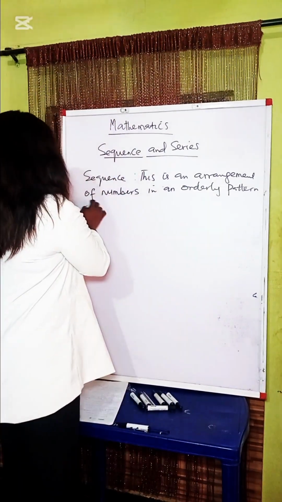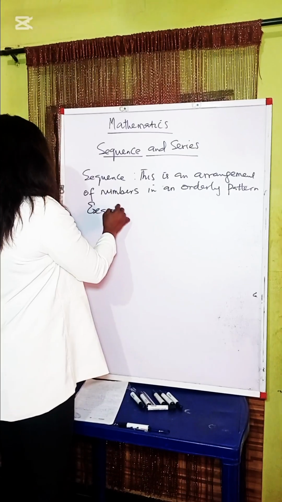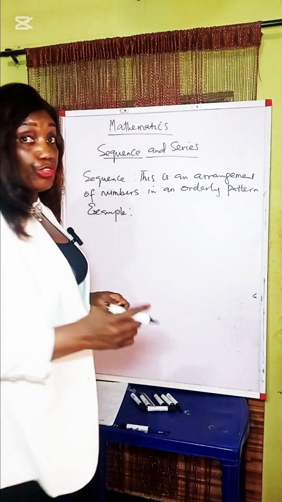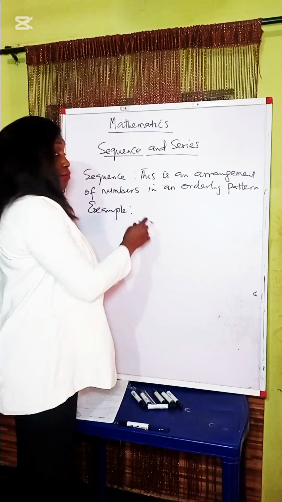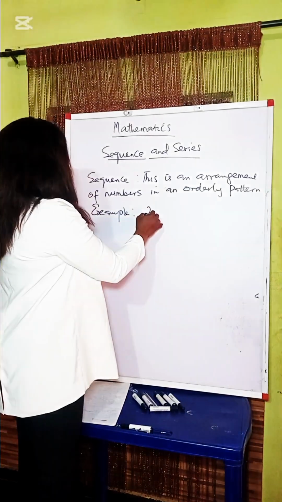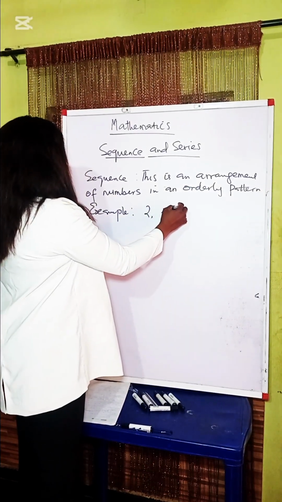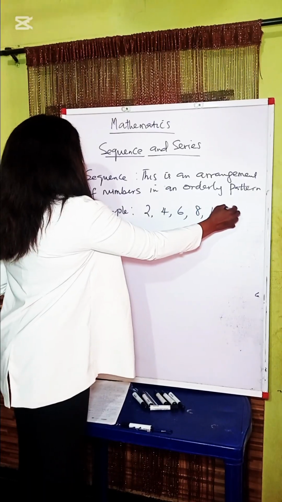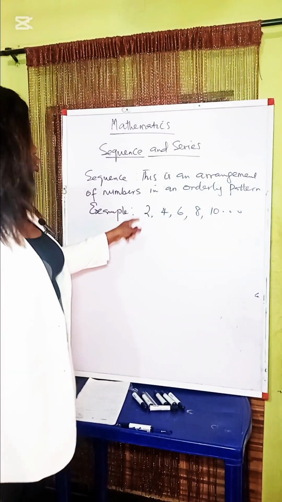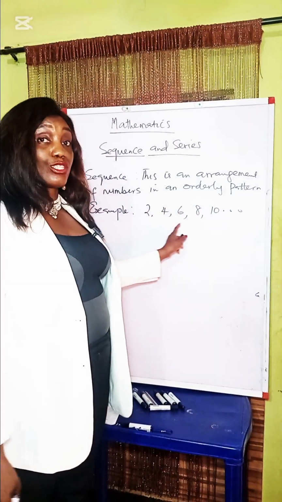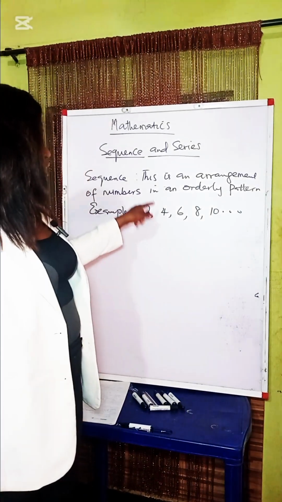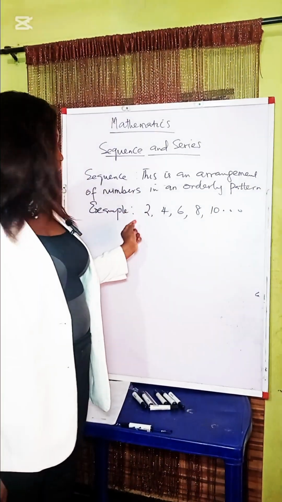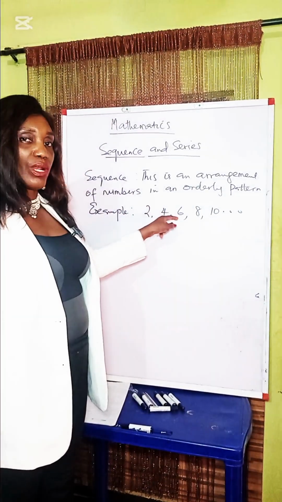Example, it could be in a unique way. I'm going to take 2, 4, 6, 8, 10, and so on. If you look at these numbers, you see that they have a unique way they are being connected to one another.